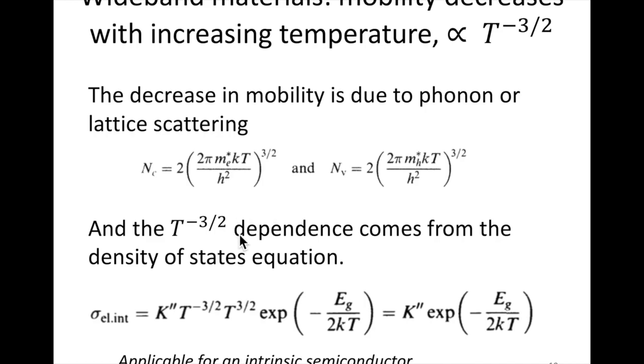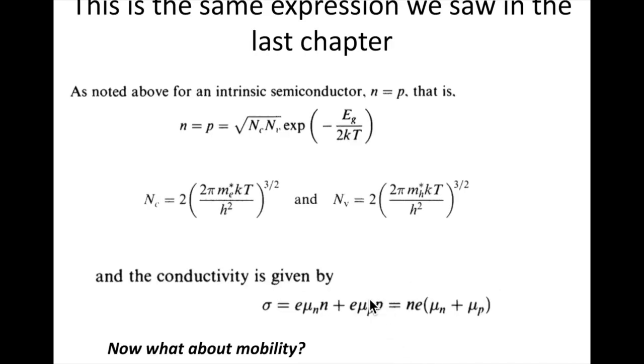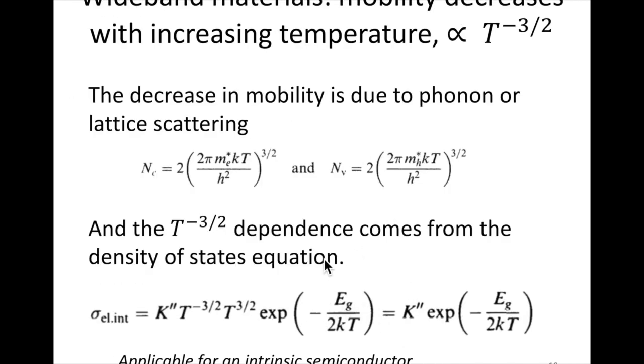So that T to the minus 3 halves dependence comes from the density of states, and that's where we get our temperature dependence related to mobility. So if we put that in, then we can approximate the temperature dependence of these wide band materials. So this is applicable for our intrinsic semiconductors that we're talking about here.